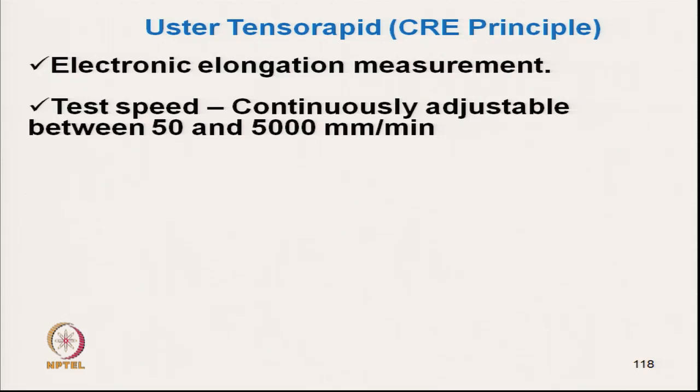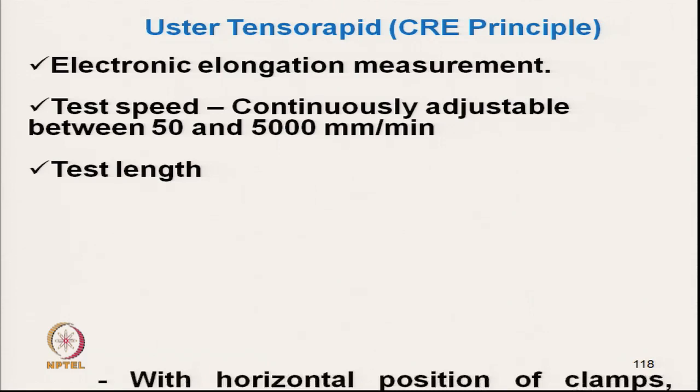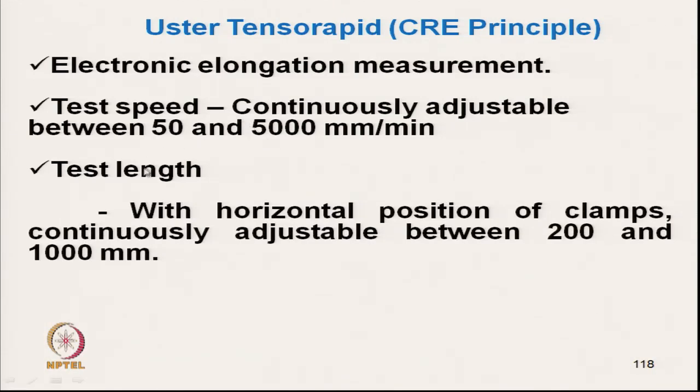So, within that wide range we can change the test speed, and the test length can be changed. This instrument works in two modes, vertical mode and horizontal mode. If it works in horizontal mode, the length is continuously adjusted between 20 centimeter and 1 meter.